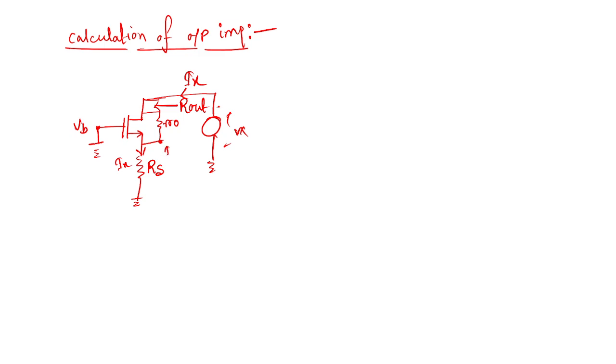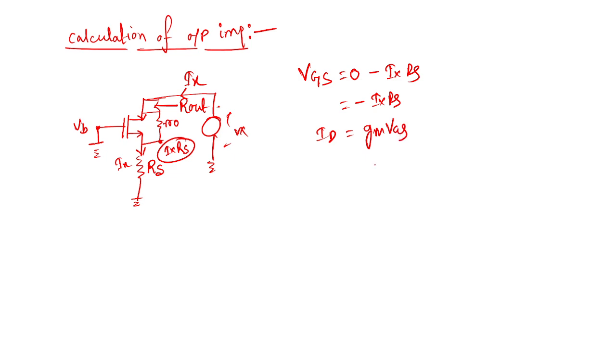So what is the voltage here? It will be Ix times Rs. So what is the VGS of this transistor? 0 minus Ix Rs, so minus Ix Rs. What is the current flowing from drain to source terminal? ID is equal to gm times VGS, so minus gm Ix Rs.